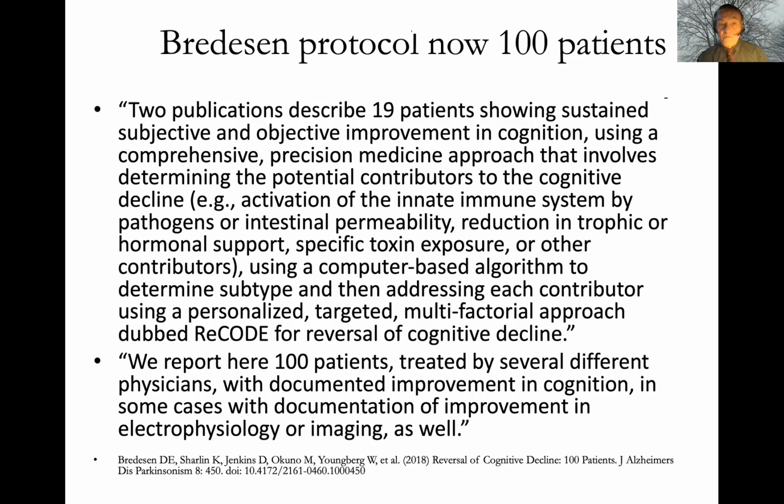And so their attention was a precision medicine approach that involved looking at reducing inflammation, reducing intestinal permeability, which of course leads to inflammation, reducing negative effects of trophic or hormonal agents, eliminating toxins, and increasing the quality of diet, the amount of exercise, reducing stress, and other factors.